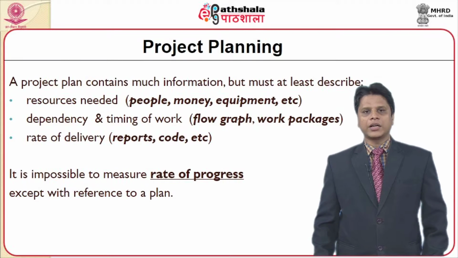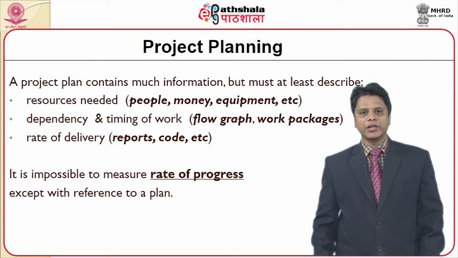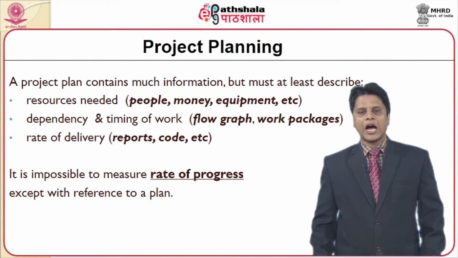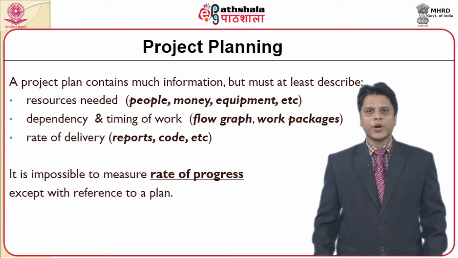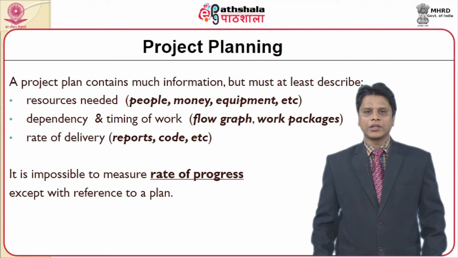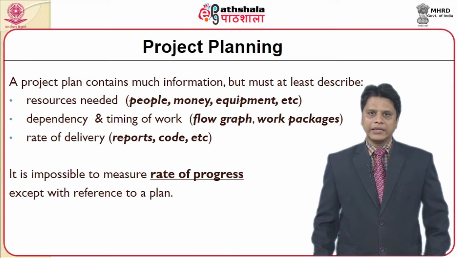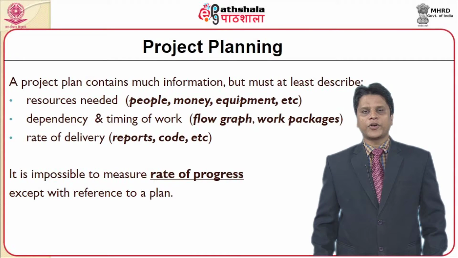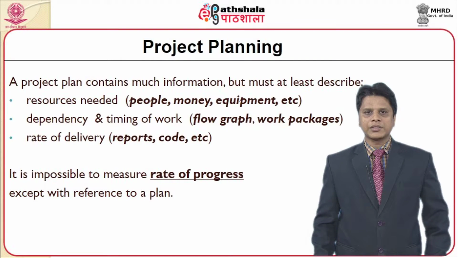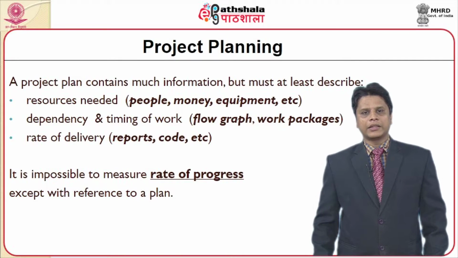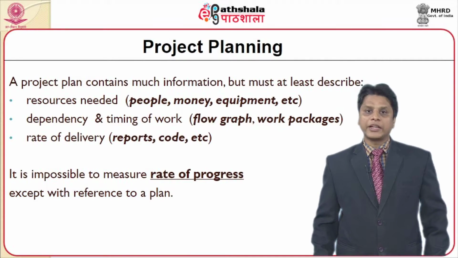The other factor of major concentration in project planning would be dependency: how dependent or how interconnected is one module with the other components, and the timing of the work. For figuring out these issues, we will be drawing flow graphs, work packages, and different use case diagrams will also be drawn.